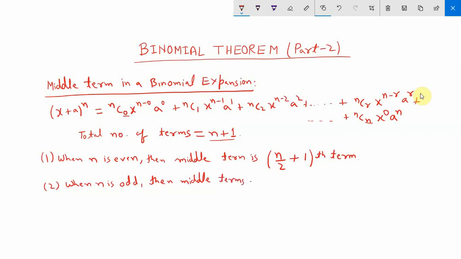So the middle terms are the n plus 1 by 2th term and the n plus 3 by 2th term. Okay, so we will have two middle terms in case n is odd. Now we will solve some problems related to this.